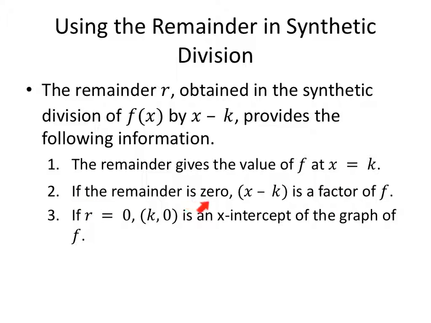If the remainder is 0, x minus k is a factor of f. And if the remainder is 0, k comma 0 is an x-intercept of the graph of f. So if we find factors, we're finding zeros. If we're dividing, we don't have factors and there's a remainder, we're actually evaluating a function. There's a lot going on here.